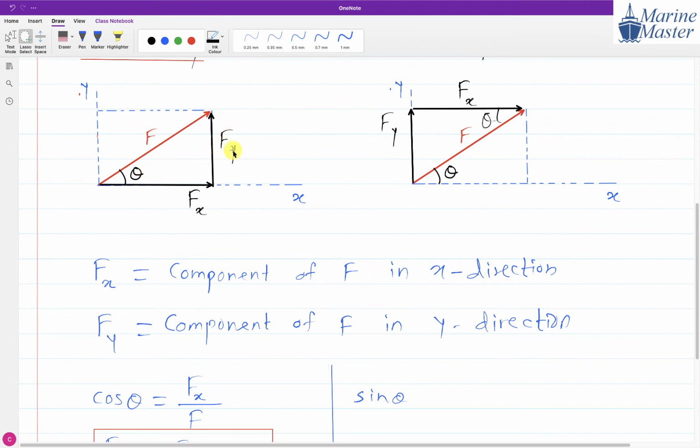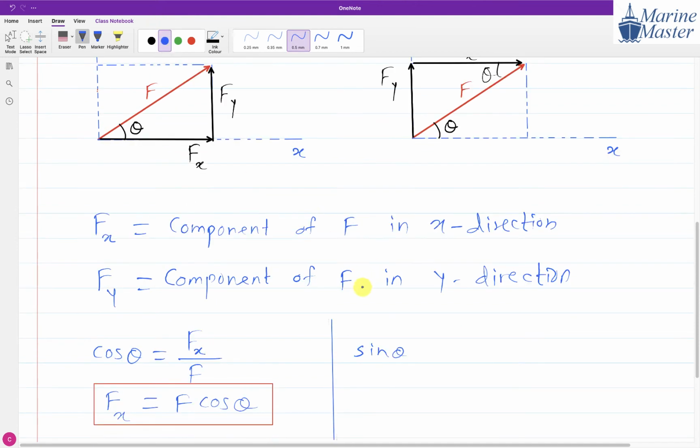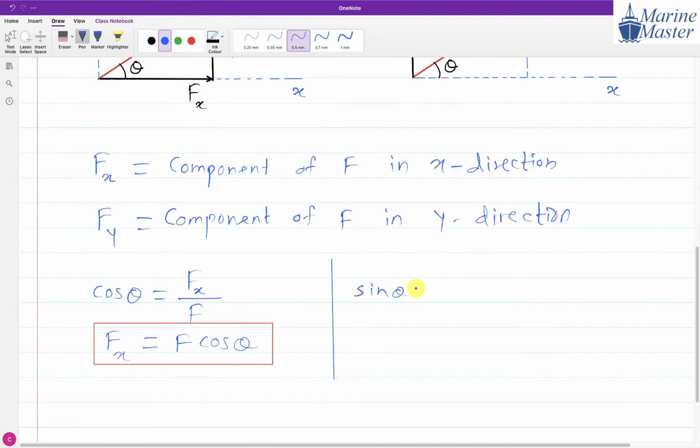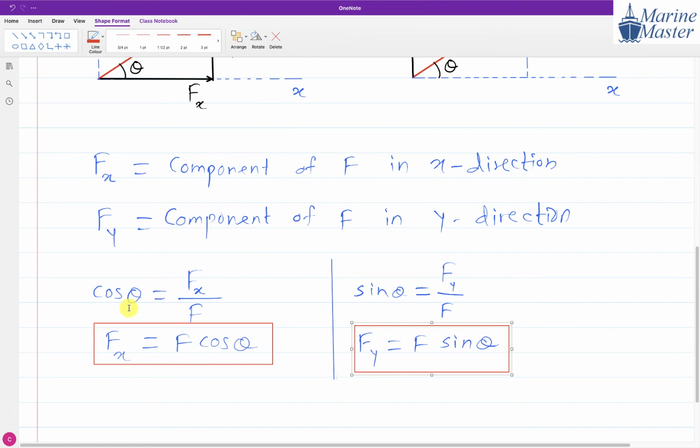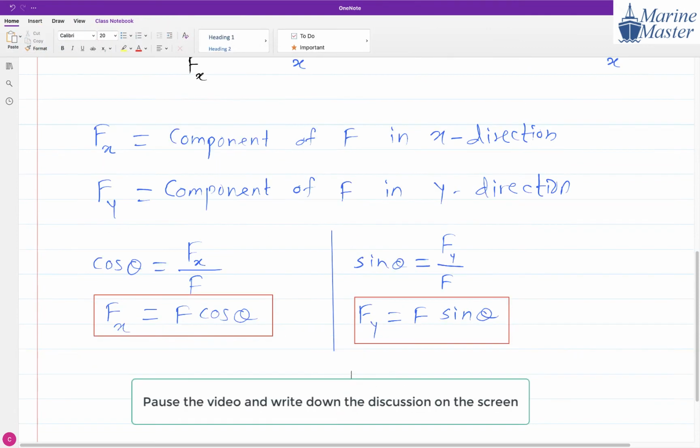Opposite will become Fy and hypotenuse will become F. So sin theta is Fy by F. So Fy will become F sin theta. Any doubt in this discussion? So before going further, please write down this discussion of Fx and Fy.